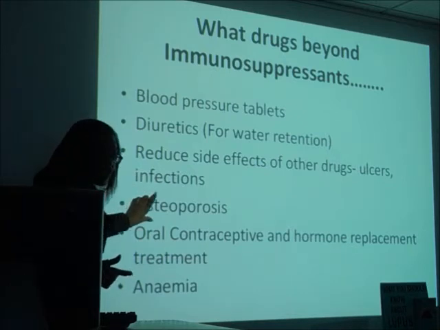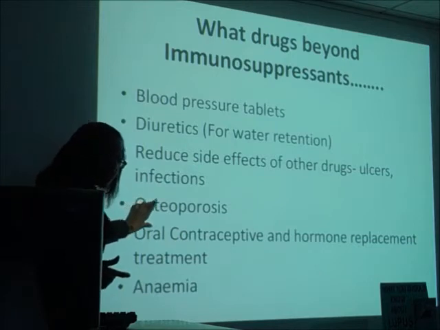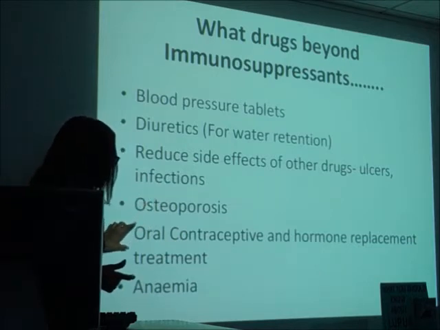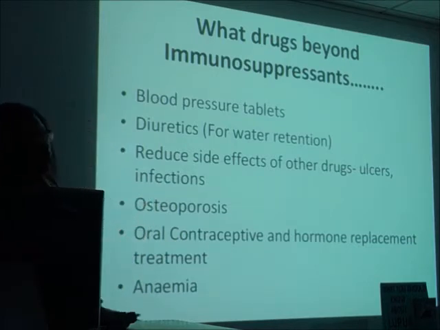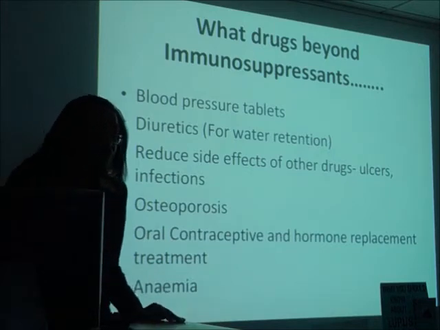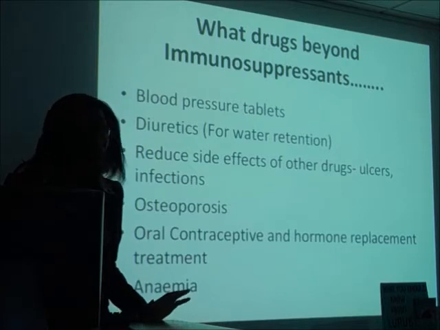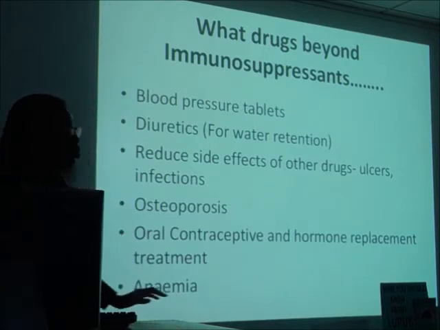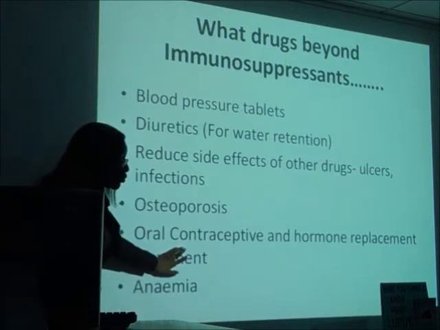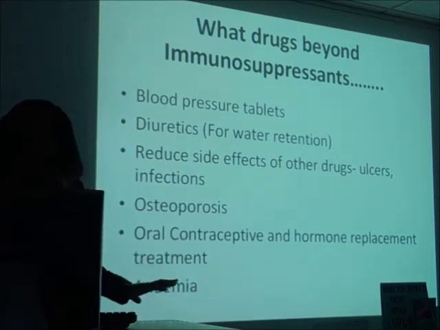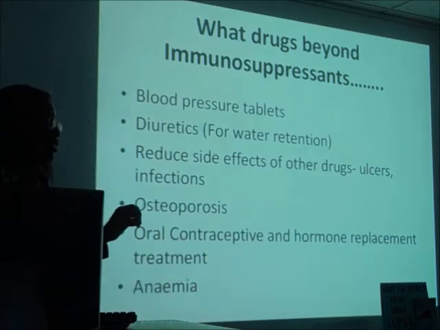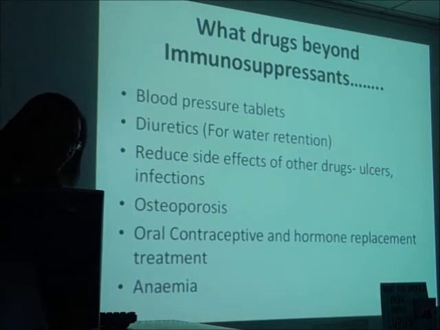But also to protect the bone. Sometimes we have to give vitamin D and calcium. But also, when we're using some of these medications for the women, and actually for the men to a degree as well, they can affect fertility. And so we do have to use contraception. And then, remember, lupus is a systemic disease, so some people, it can affect their ovaries.